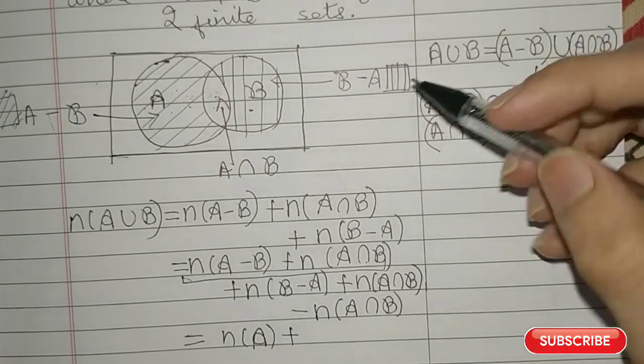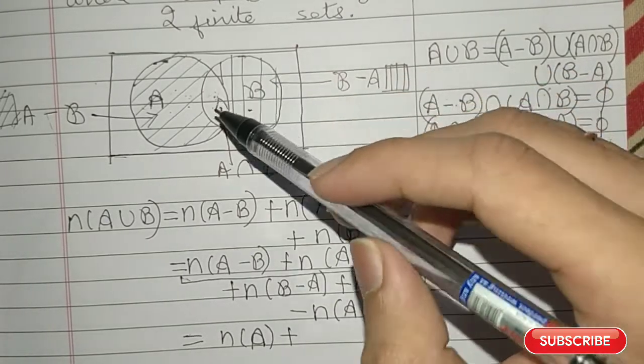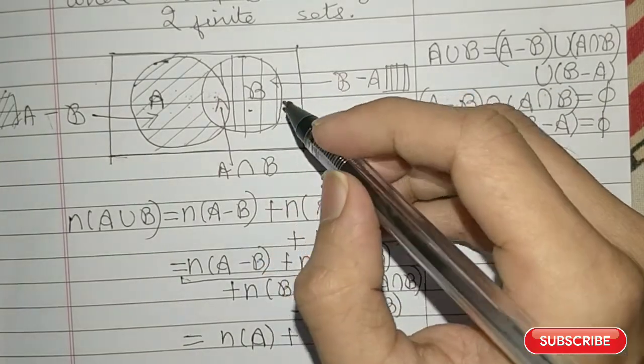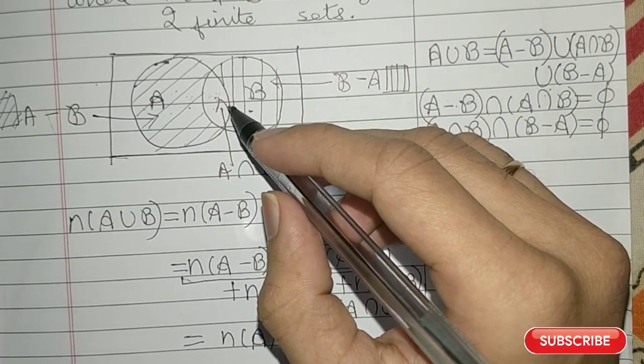Then plus, similarly, if you do the number of elements in B minus A, right, and the number of elements in A intersection B, so what you will get? See, again B minus A and A intersection B are disjoint, right.